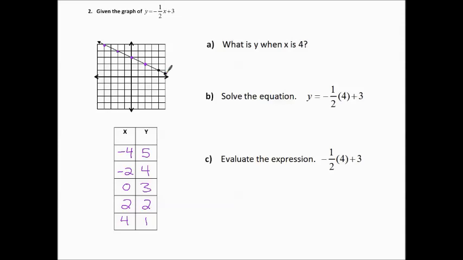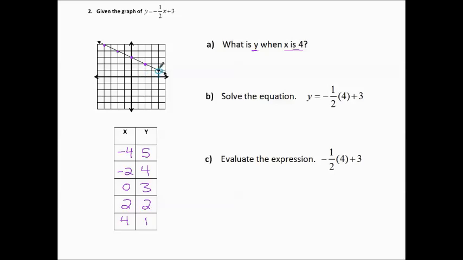So let's take a look at answering some of these questions. What is y when x is 4? In our earlier examples, we were given y and asked to find x. Now we're given x and asked to identify what the y value is. So I can look at my graph. When x is 4, 1, 2, 3, 4, go up.